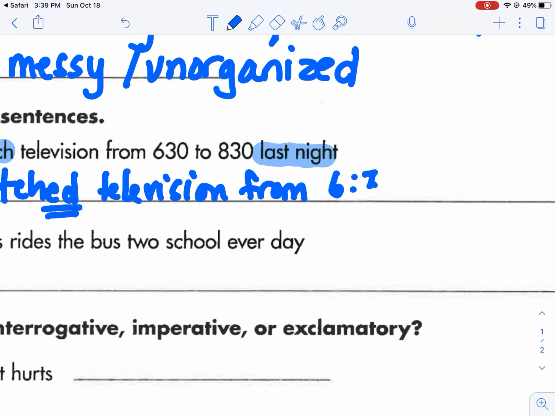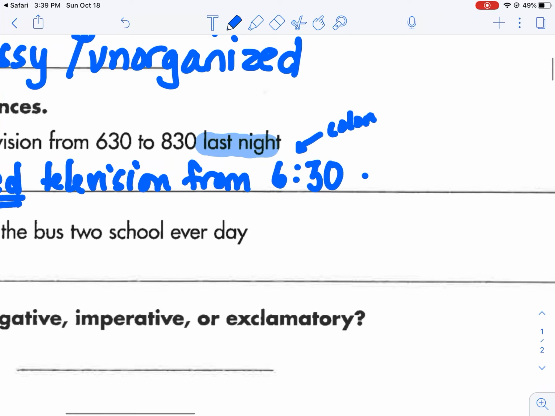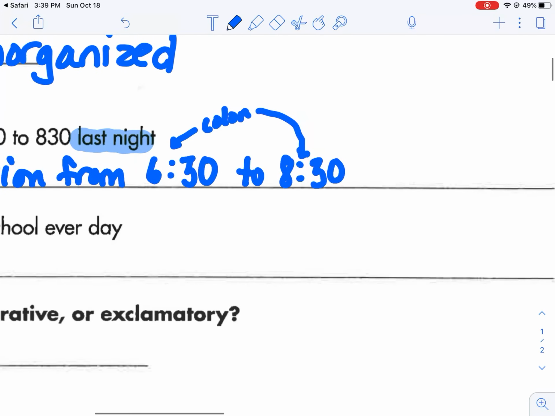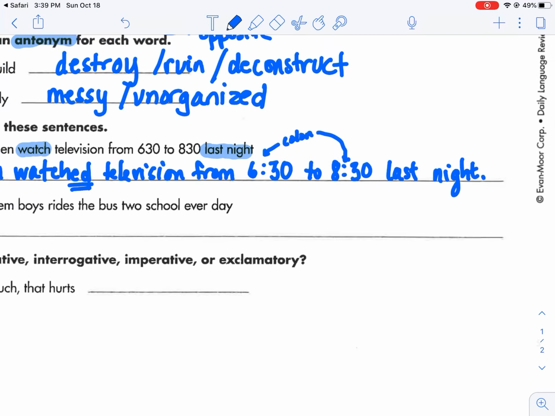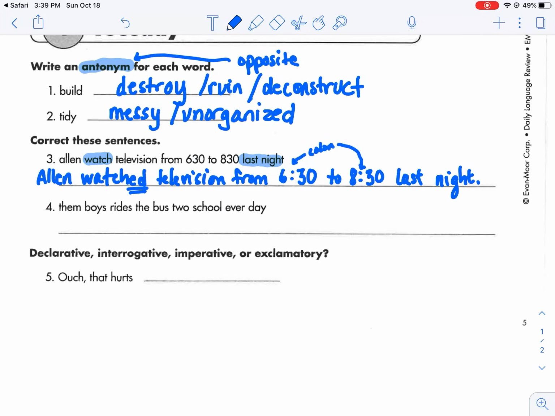Anytime you are using time phrases, times on a clock, you want to include a colon here to write it correctly. 6:30 to 8:30, same thing, last night. It's just a sentence, a simple statement, so we're going to end with a period. Alan watched television from 6:30 to 8:30 last night.